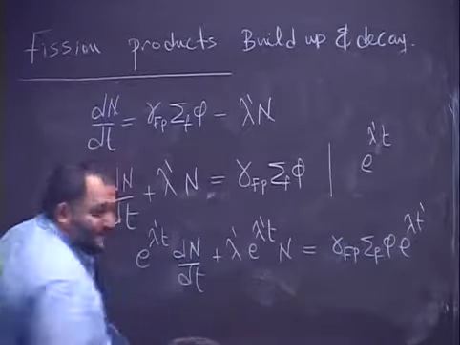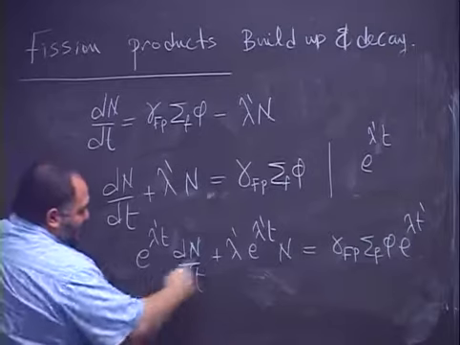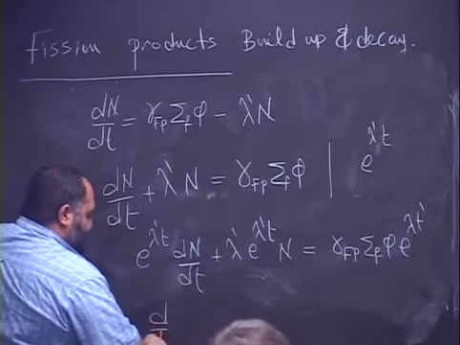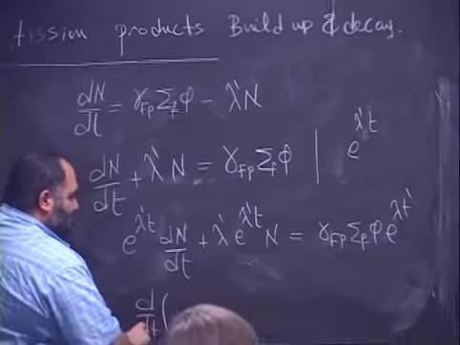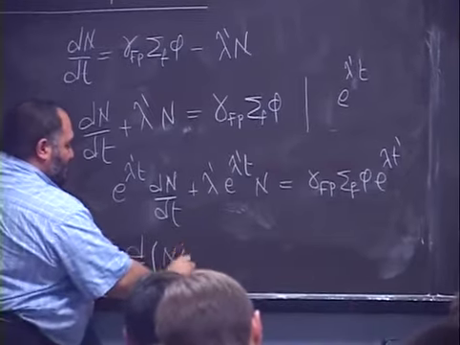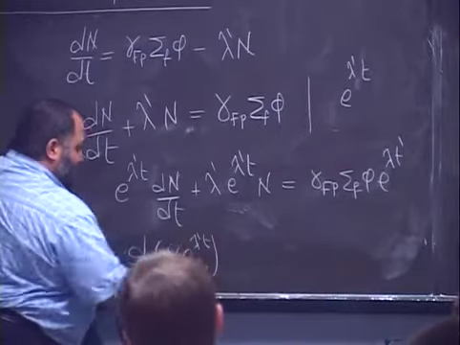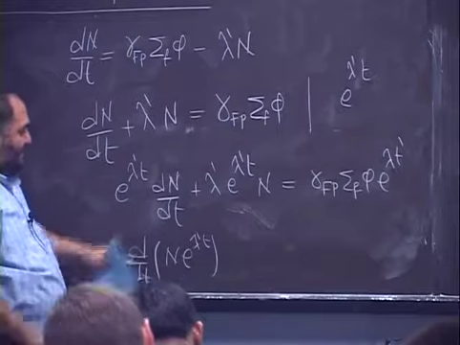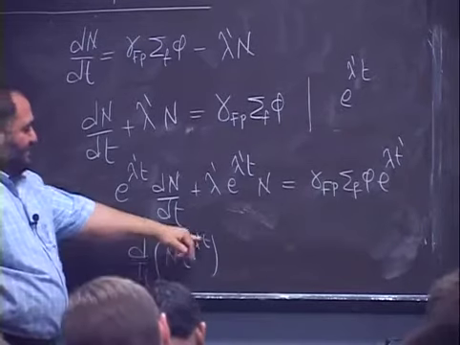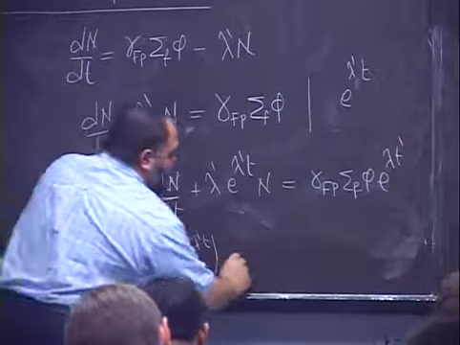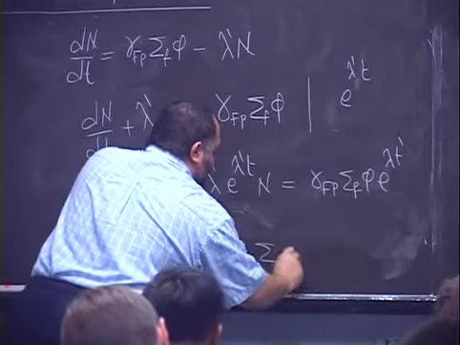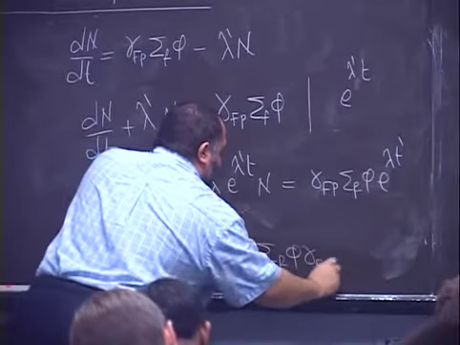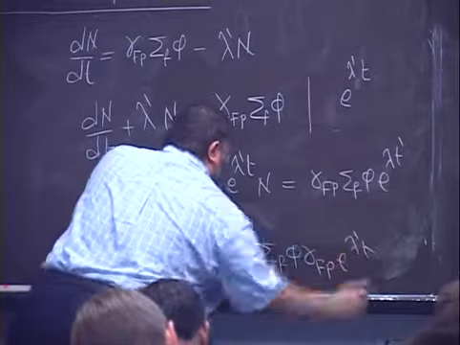What's this? This is the exact differentiation of what? Of n e to the power of lambda prime t. Yes? This is the exact differentiation of n e to the power of lambda prime t equal to sigma fission phi gamma FB e to the power of lambda prime t.